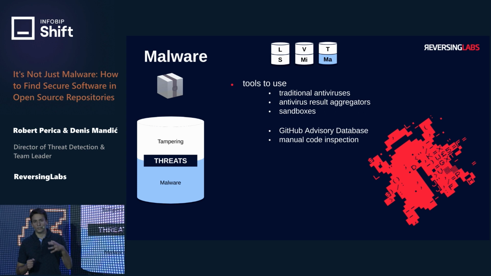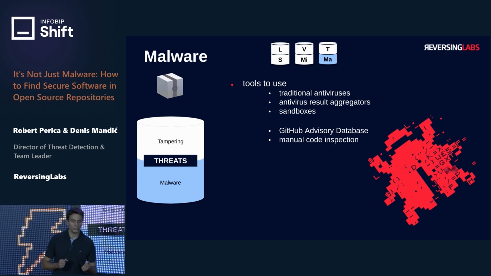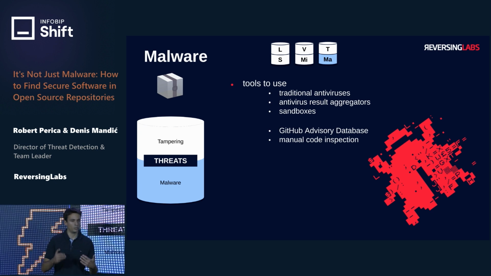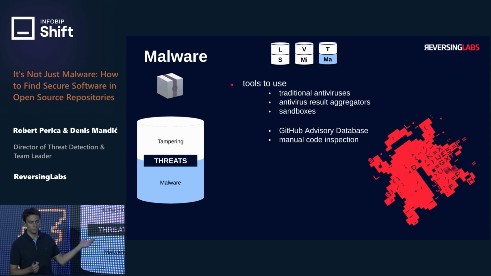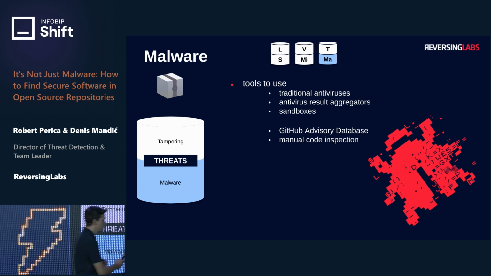However, when dealing with open source projects, you'll probably have most luck using the GitHub advisory database. It contains a list of many known malicious packages, which can be used to simply filter everything out. And finally, for those who have much free time on their hands, they can manually inspect code and see if something is problematic.